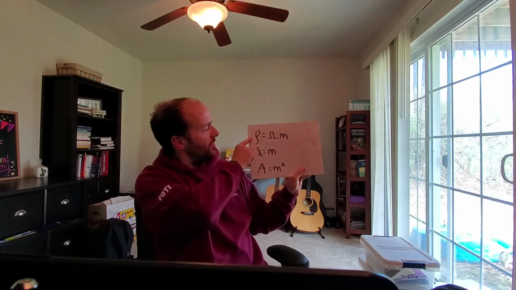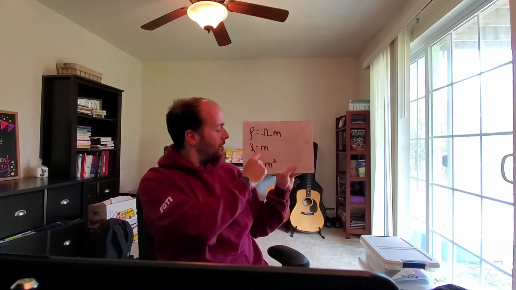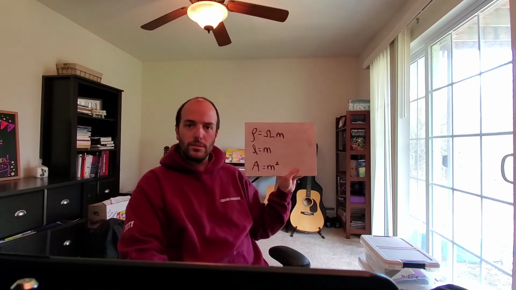For length, well, length is measured in meters. And area is measured in meters squared. So resistivity is ohms times meters, length is meters, area is meters squared. Let's put these all together and figure out what the unit for resistance will be.